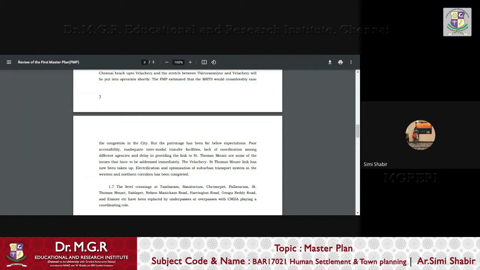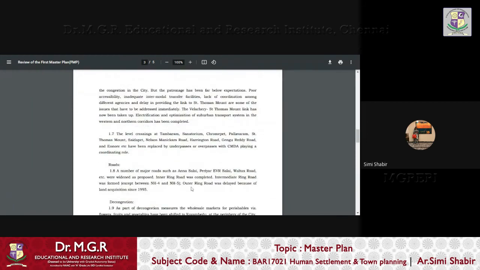The Velachery St. Thomas Mount link was thereafter taken up. Electrification and optimization of suburban transport system in the western and northern corridors were completed. So, I think around 80% of the actual strategy that was put down in the FMP was actually realized.